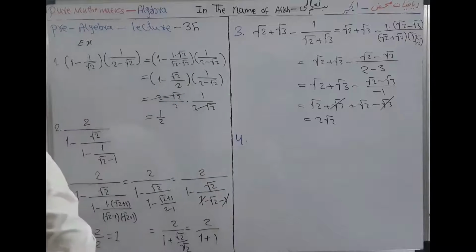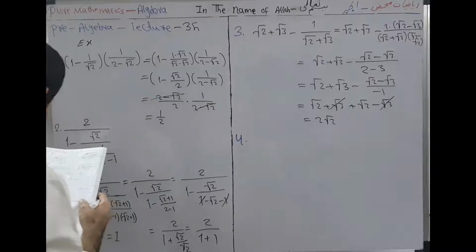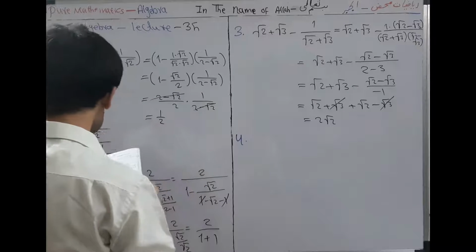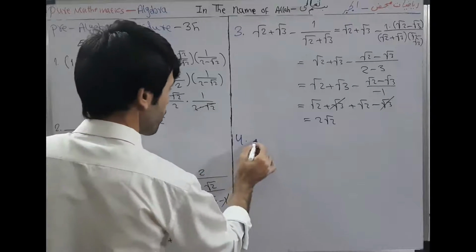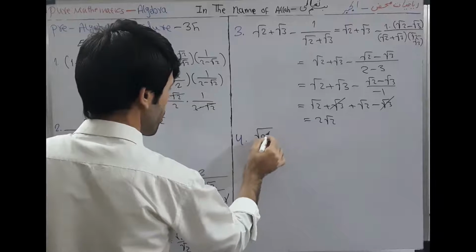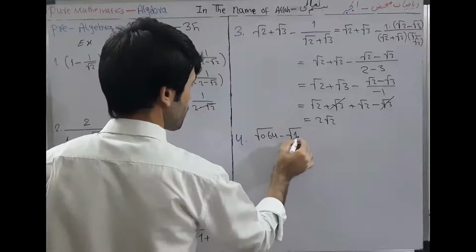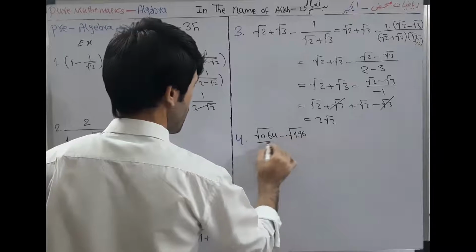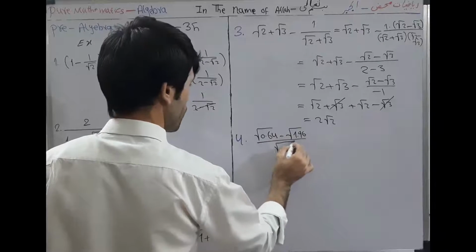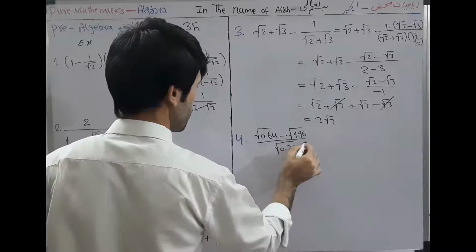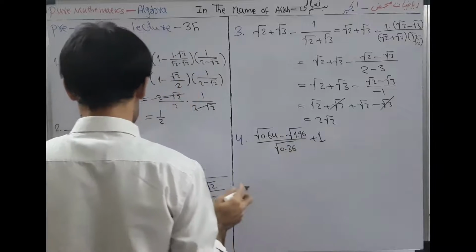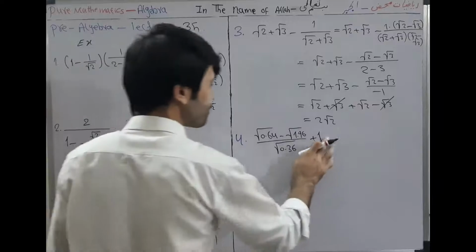Question 4 we have square root of 0.64 minus square root of 1.96 over square root of 0.36 plus 1. We want to solve this question.